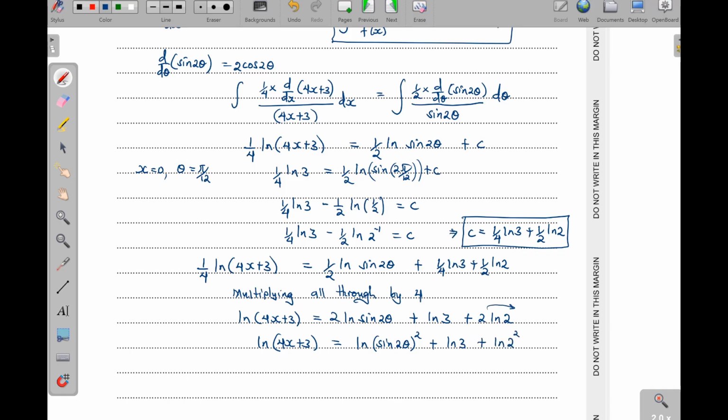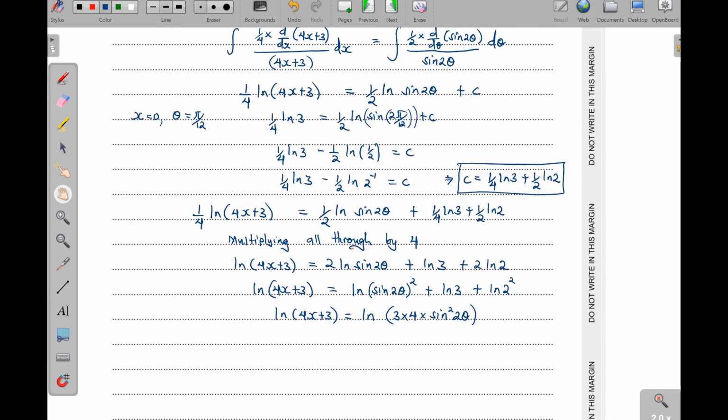You also take that one there. And then we shall have natural log of 4x here plus 3. Then this is all addition, so I multiply those powers. So we shall have natural log of now 3 times the 2 squared, which is a 4, then times sine squared 2 theta. Okay?